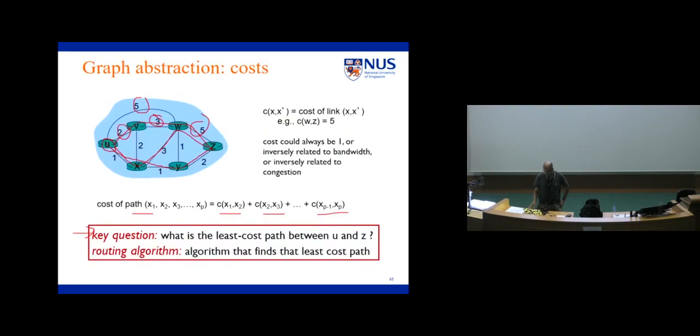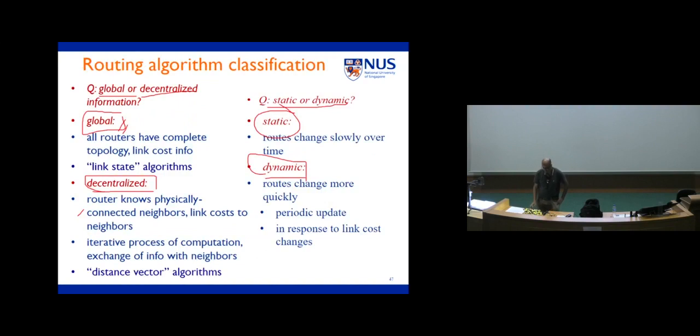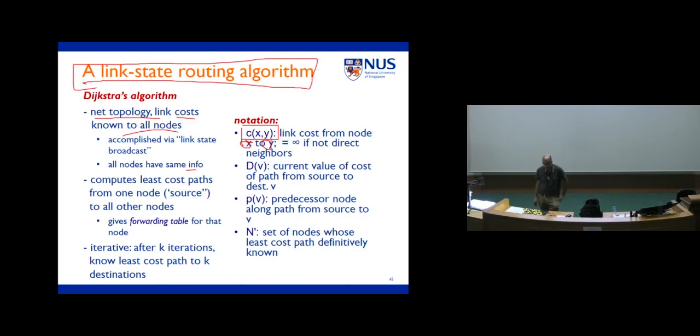So if I go here, the cost of the link between u and w is 5. What is the cost of the link between u and z? Infinity. There is no direct link between u and z. So the cost between u and z is infinity, but between u and w is 5. That's what it means. Okay.